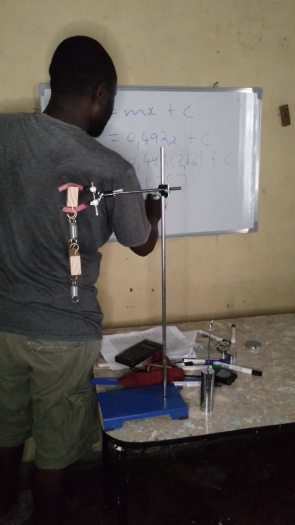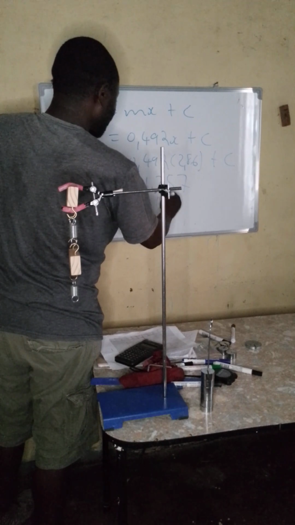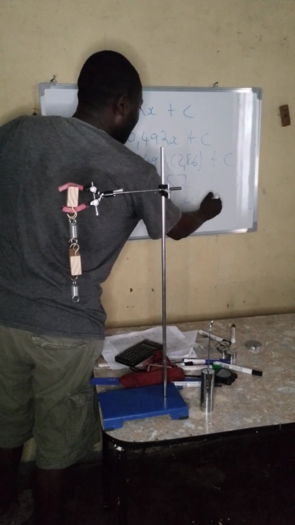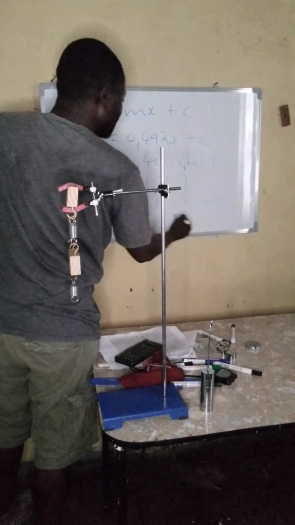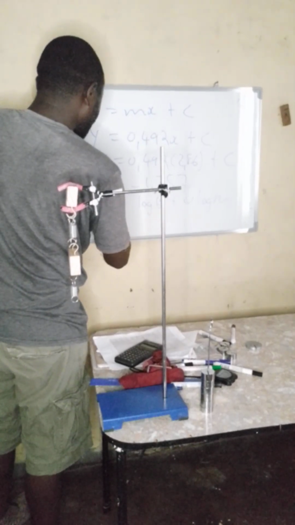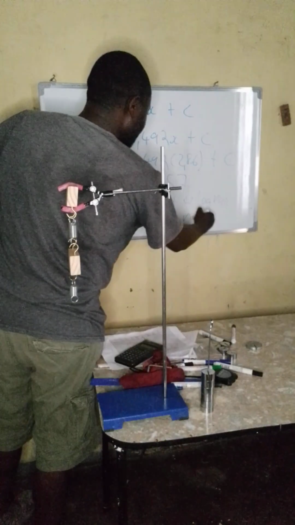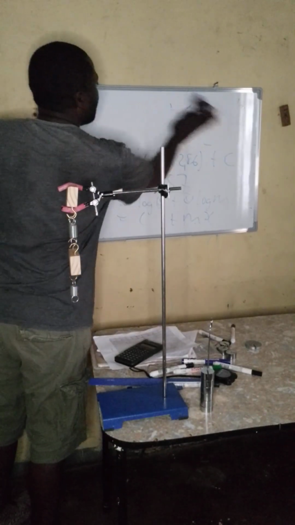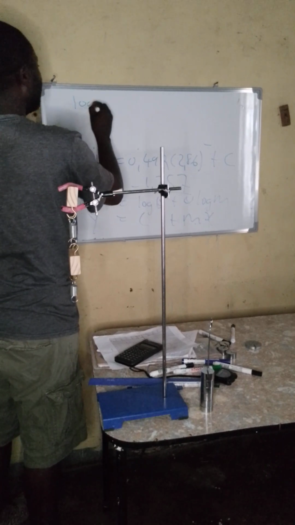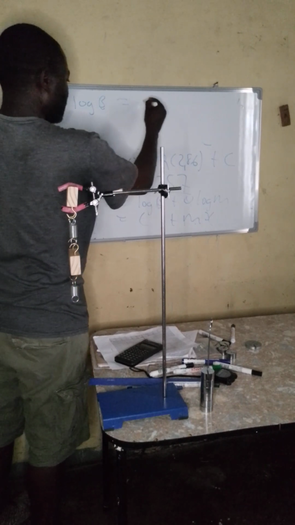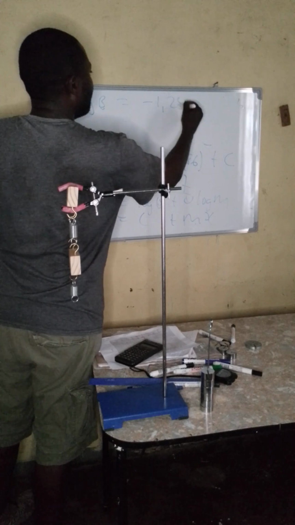From log T equals log beta, if you remember very well, plus alpha log M, we said y equals c plus mx. This means log beta equals minus 1.257.